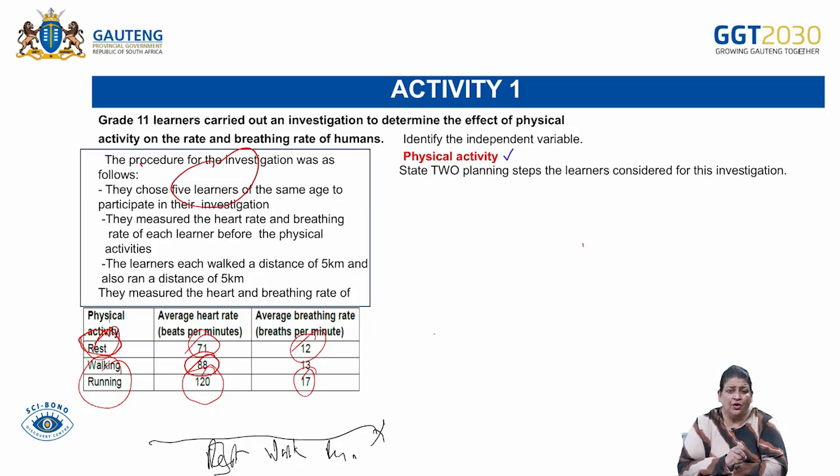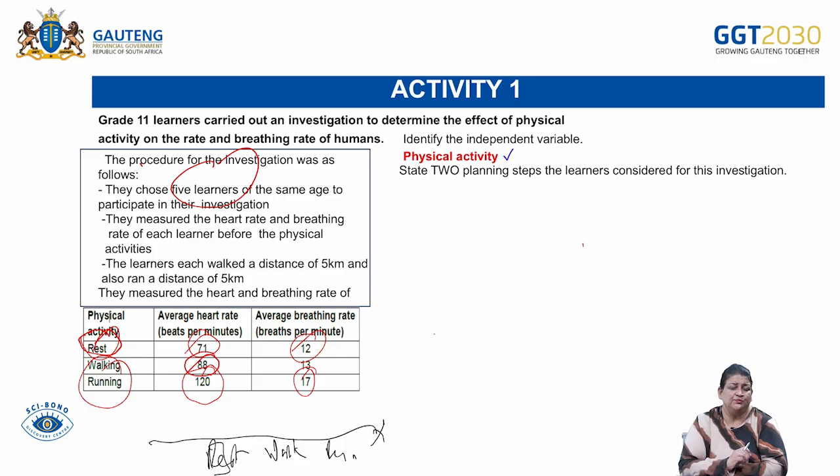You also need to know exactly what time of day you are going to do your investigation. Is it in the evening when they're tired, or is it in the morning when they're more active or more alert? So the time of the investigation, the duration of the investigation, the sample size, the permission. Those are some of the planning steps.